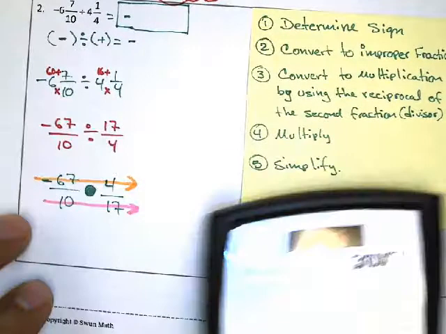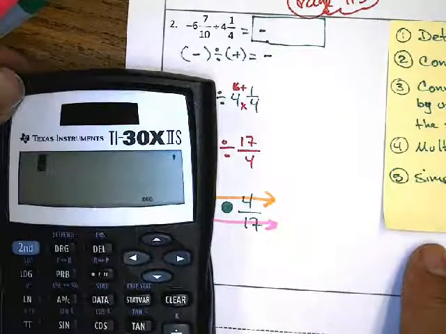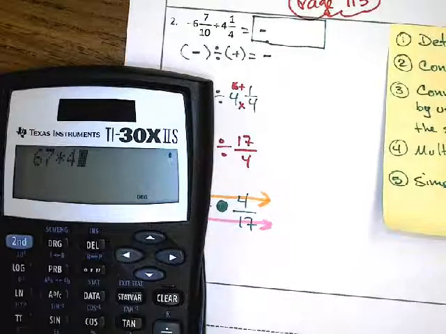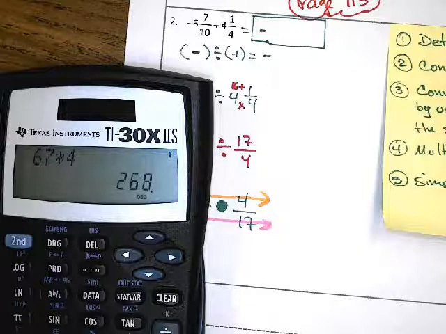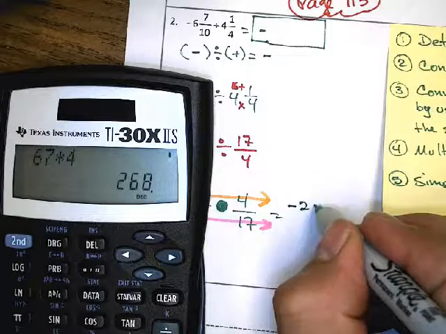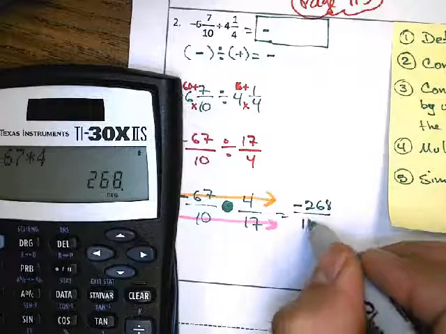Here, I can't see there. Let me move this over. 67 times 4 is going to be 268. So negative 268. Negative 268. And then 10 times 17 is going to be 170.